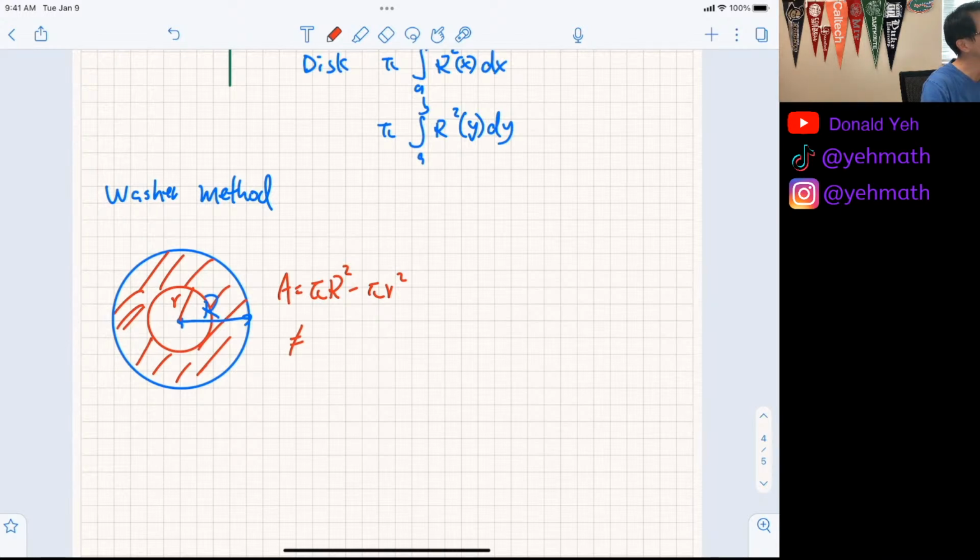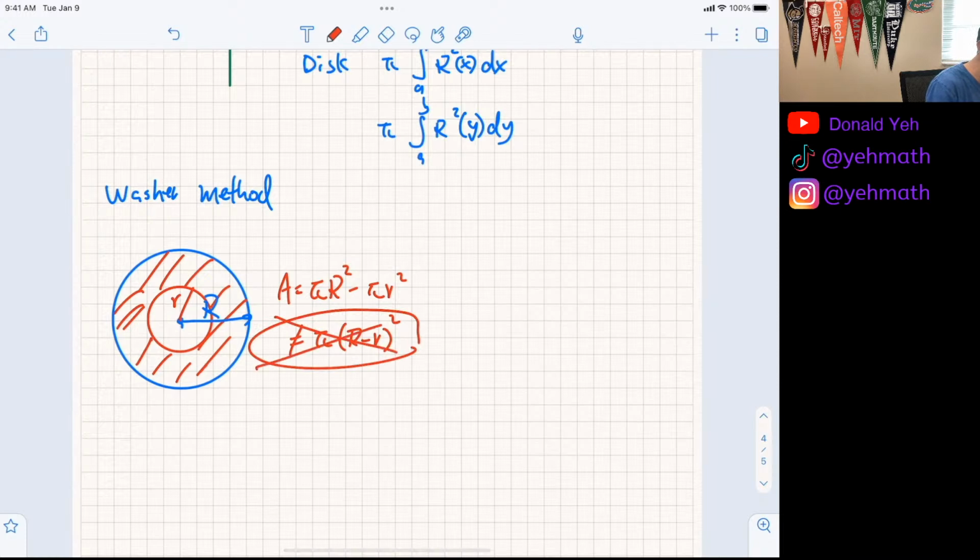It's not pi times (R minus r) squared. That's completely wrong. A lot of misunderstanding comes from thinking it's big R minus small r, squared, times pi, but it's actually the bigger circle minus the small circle. So do not get confused. This is not right, so cross this out.